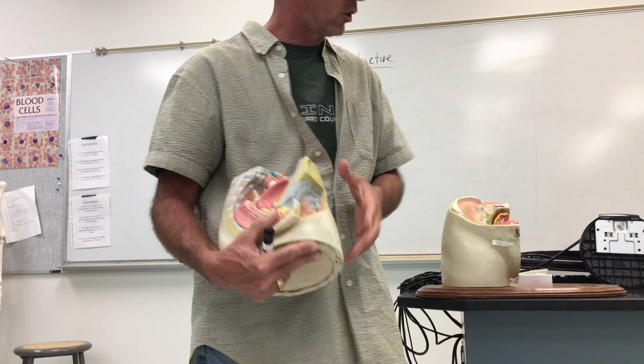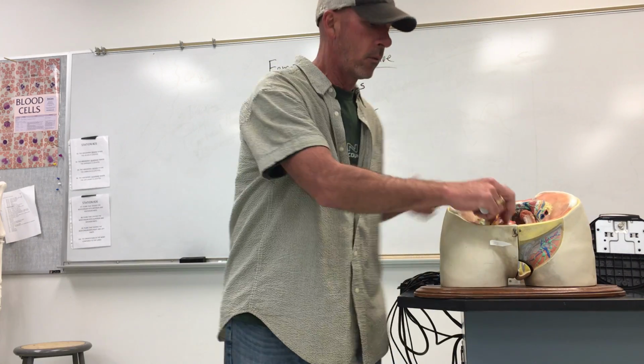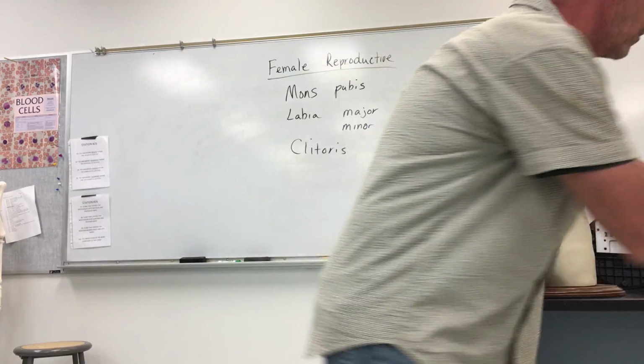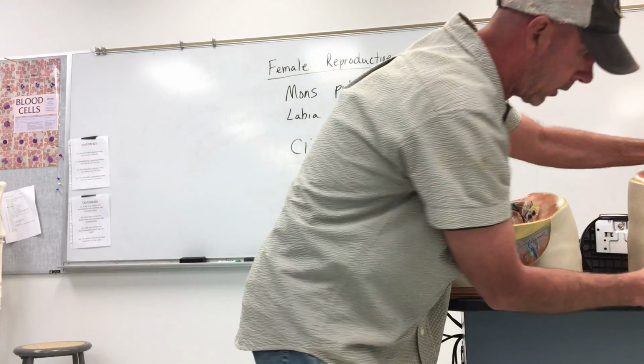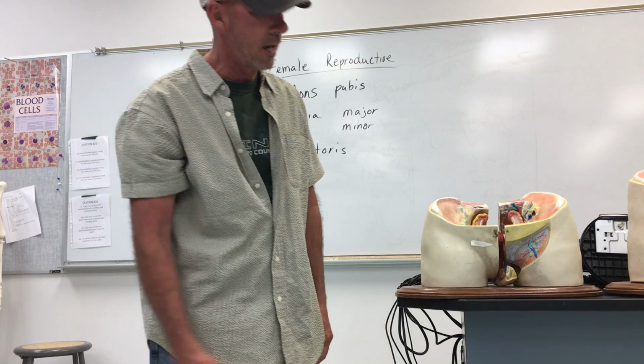That tissue, we used to call the labial hood, but now we refer to it more correctly, because same as in the male, you can see the foreskin protecting the end of the penis, which is a very sensitive region in the male anatomy.